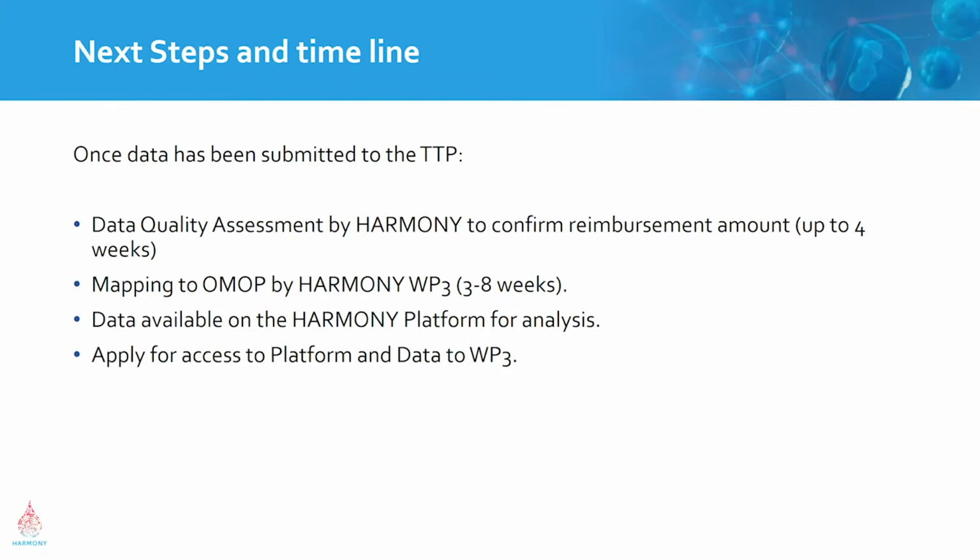Once the data has been submitted to the trusted third party, it goes through a data quality assessment, and they check that the data you have sent is as you described in the data dictionary. Then, if you're like me, you get a list of all the errors in your data, which is hugely useful because it spotted quite a few errors in my data that I had absolutely no idea about.